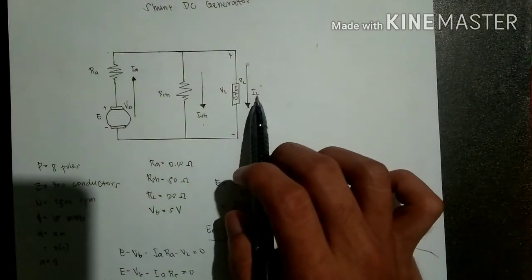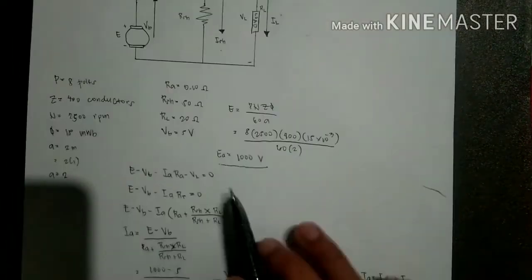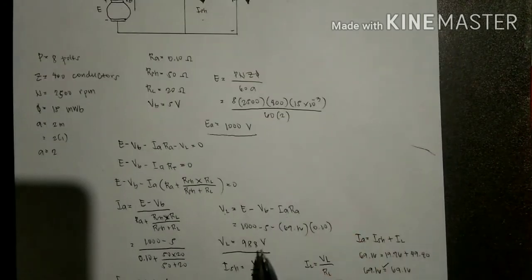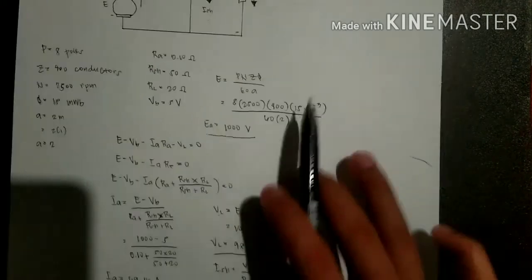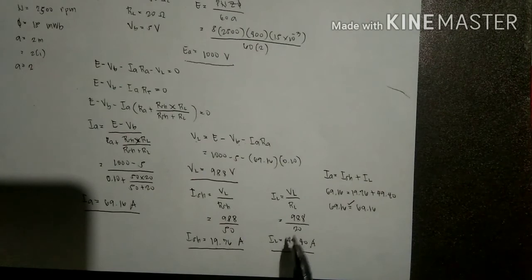We can also get the load current, since we now have the values of VL and RL. So we can now have our IL, or the load current. Simply substitute: 988 over 20. Our load current is 49.40 amperes.